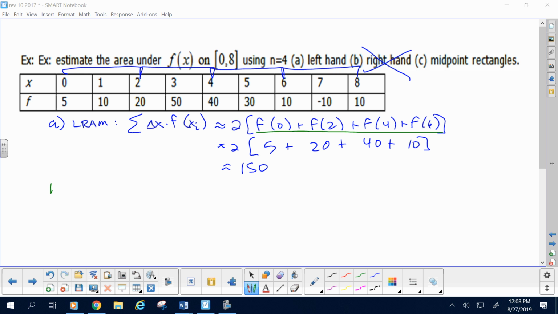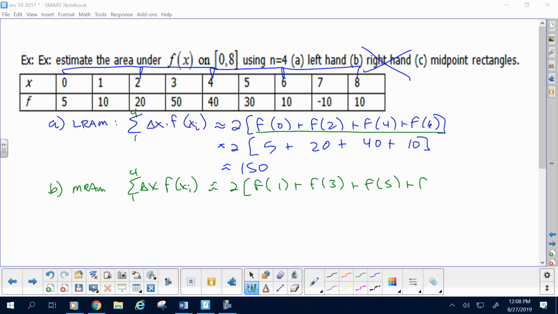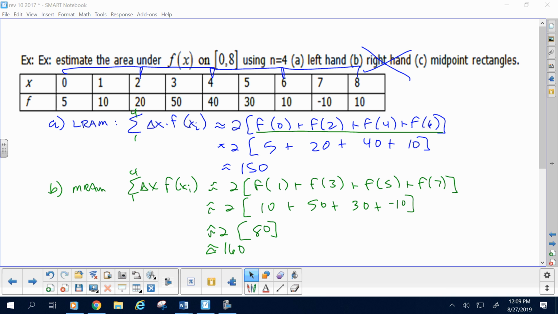How about midpoint, please? Would you do midpoint? Okay.